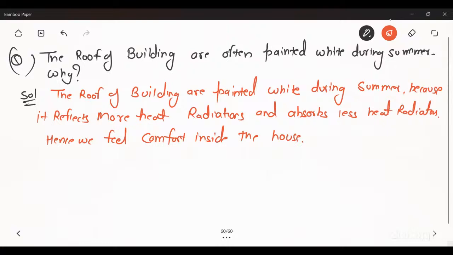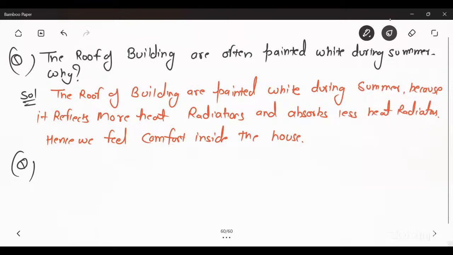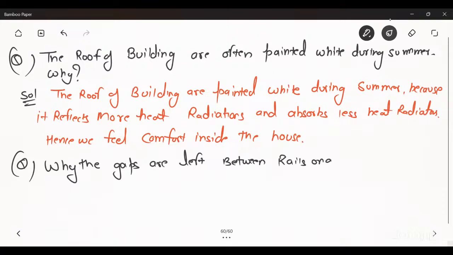Next question is a short answer question: why are gaps left between rails on a railway track?